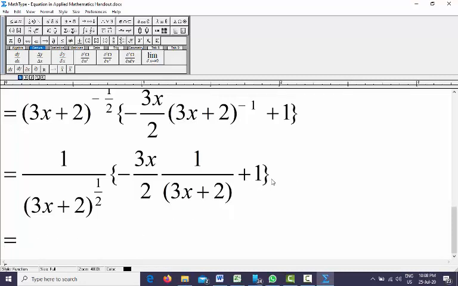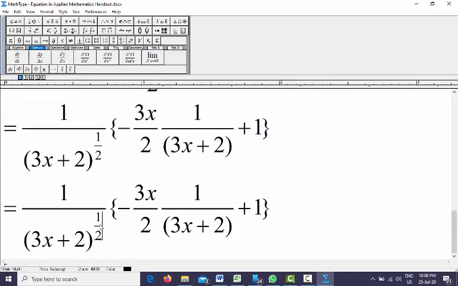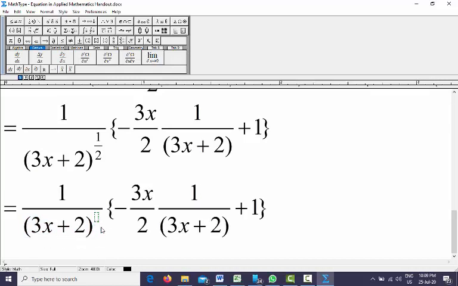And here there is a power half. When you have a power half, you can write it as a square root. Power half means square root. So we are just rearranging it.